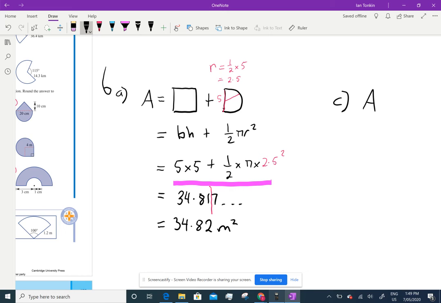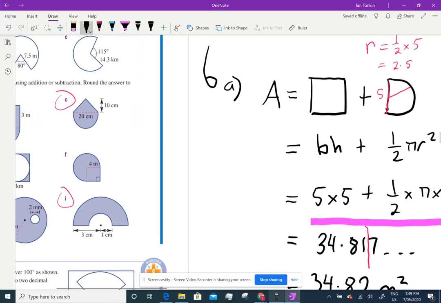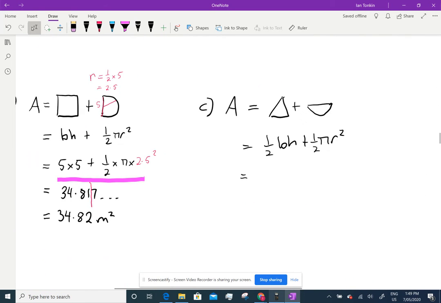My area, again, this time is a triangle plus a semicircle. So it's a half base times height for the triangle plus pi r squared, and it's a half that for the semicircle. Well, let's have a look. The base of my triangle is 20 and the height is 10. That's pretty easy. So a half times 20 times 10 plus.